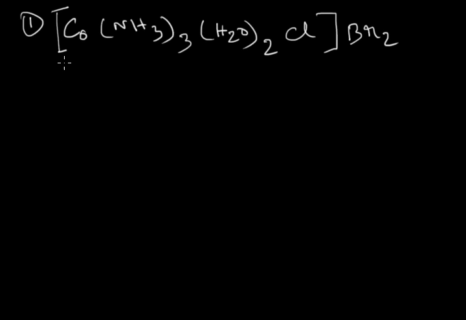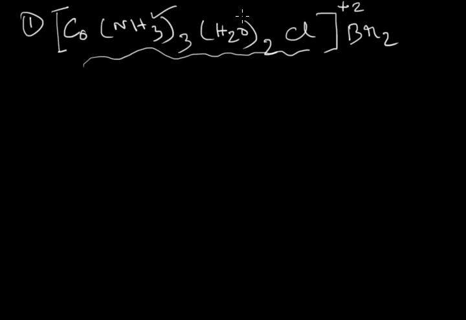Now the complex part is positive because Br contains negative charge and 2 Br minus ions are there, so the complex contains +2 charge. Therefore we name the complex part first, because according to the rule of the IUPAC system, the positive ion is named first, and during the naming of the complex part, we first name the ligands.